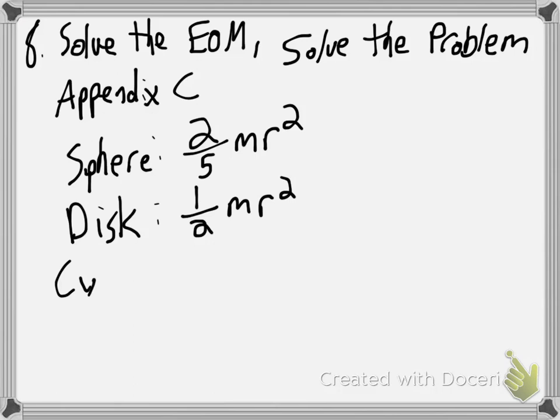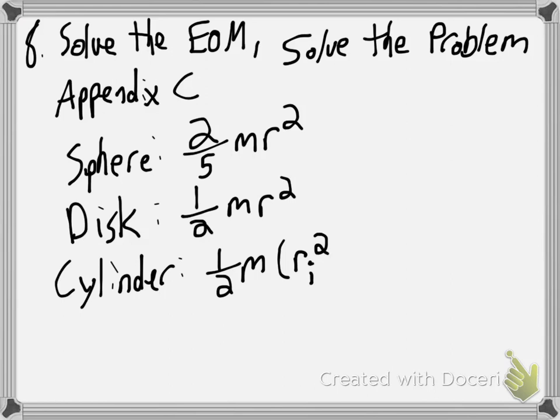And for a cylinder, it's 1/2 m times the inner radius squared plus the outer radius squared, and the outer radius is simply r for all three cases.